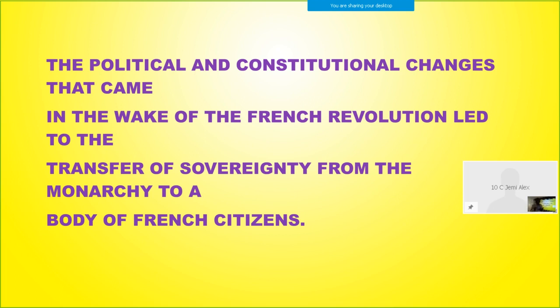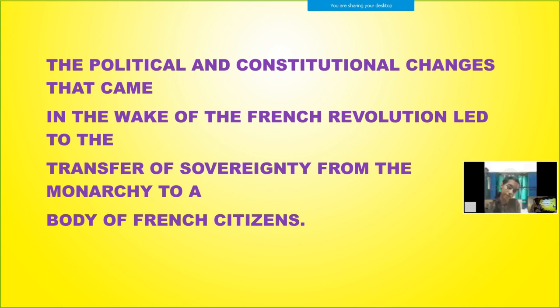At that time, the citizens were divided into two, which you have studied in class 9: active citizens and passive citizens. At that time, Louis XVI was forced to accept a constitution which was prepared by the French authorities in the third estate that you studied in class 10.